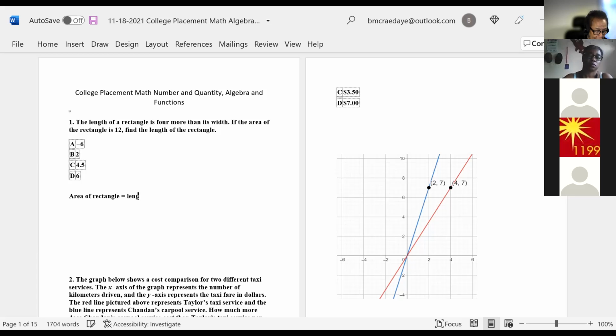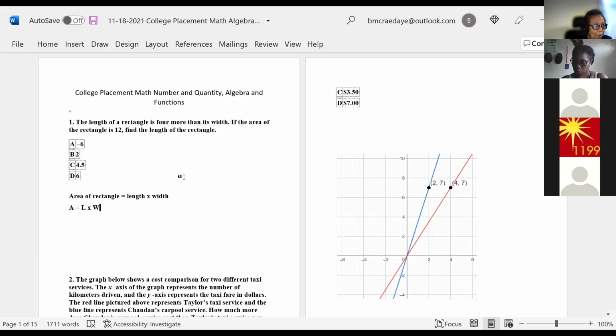Length times width. Okay, so let me write this as A equals L times W.